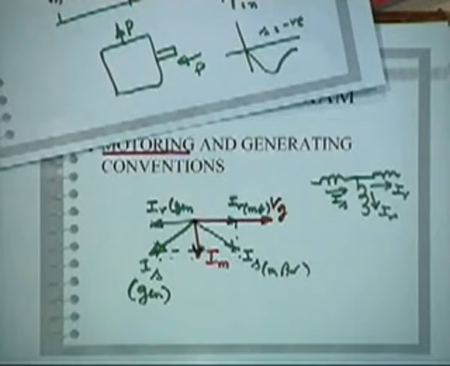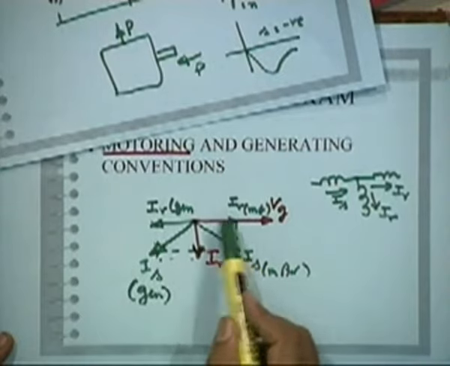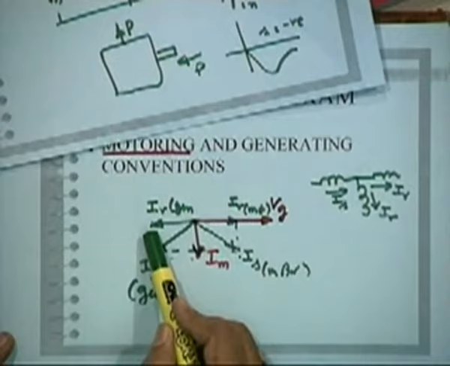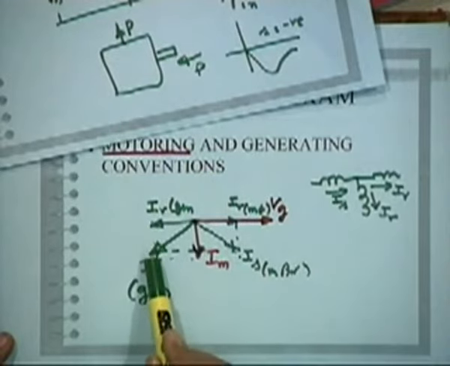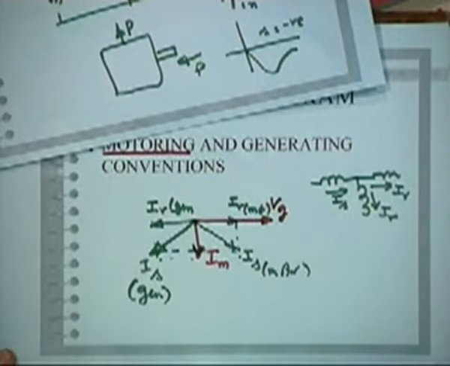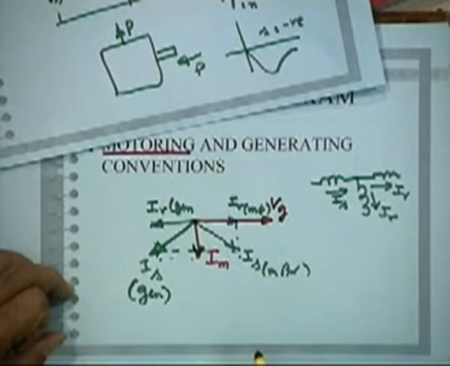So your rotor current has reversed. If this is minus S, IR becomes minus IR, and so your IS is here. Okay, Vg is here. And where will your Vs be? To Vg you have to add Is into the impedance.